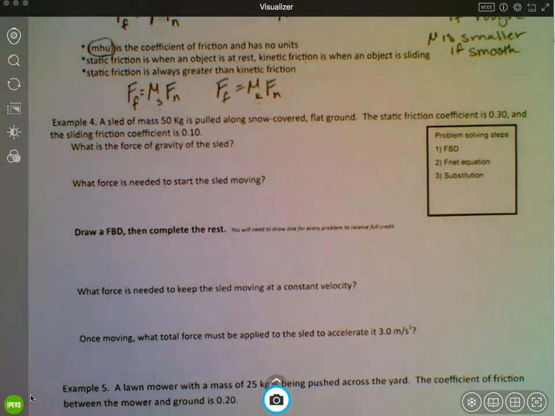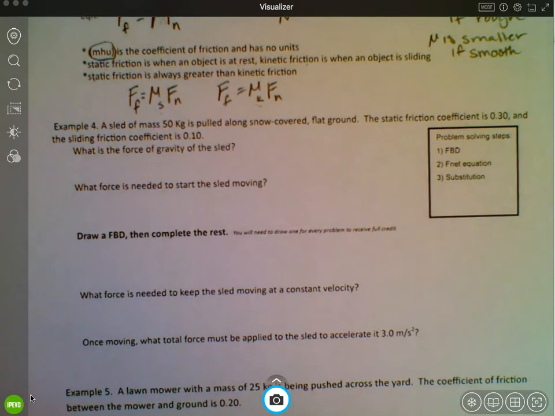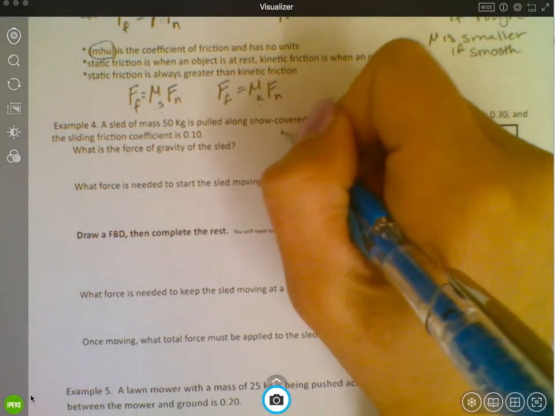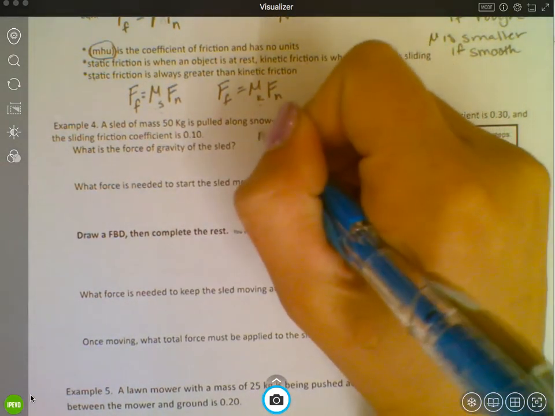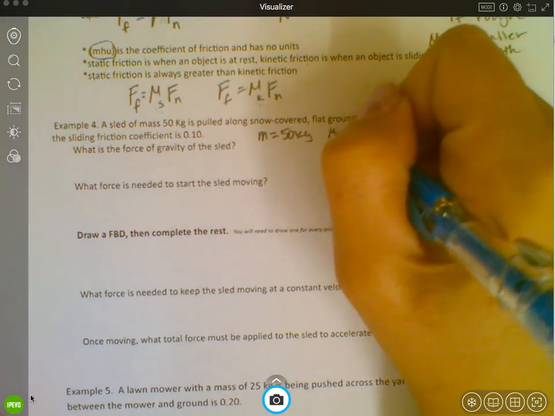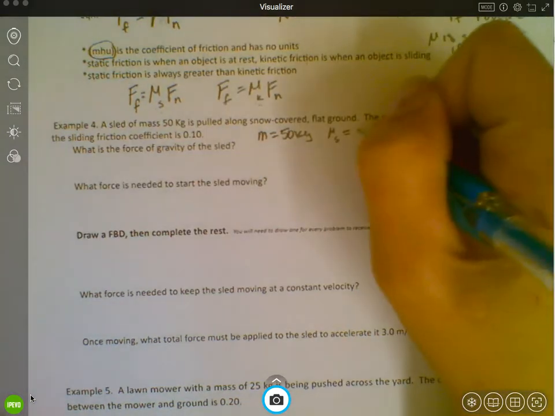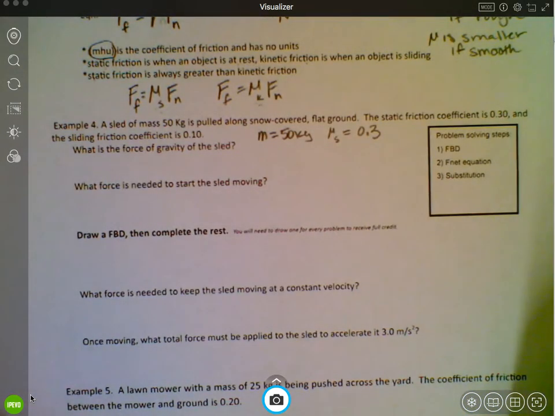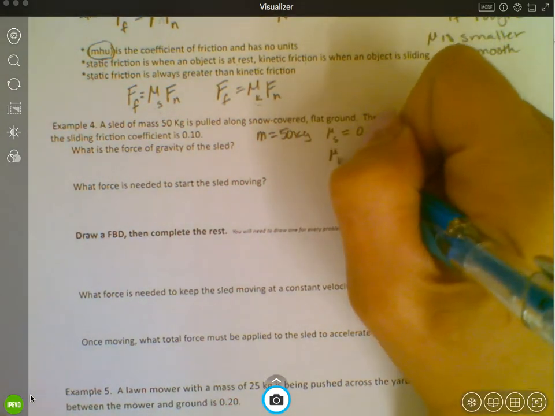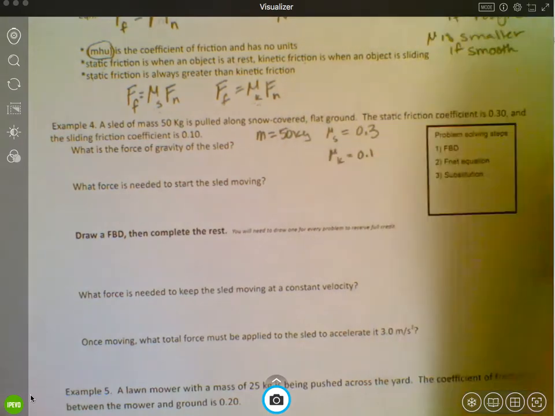All right, so example 4, a sled of mass 50 kilograms is pulled along snow-covered flat ground. The static friction coefficient, so mu static, is 0.3. There's no units on mu. And the sliding friction coefficient, so mu k, is 0.1.